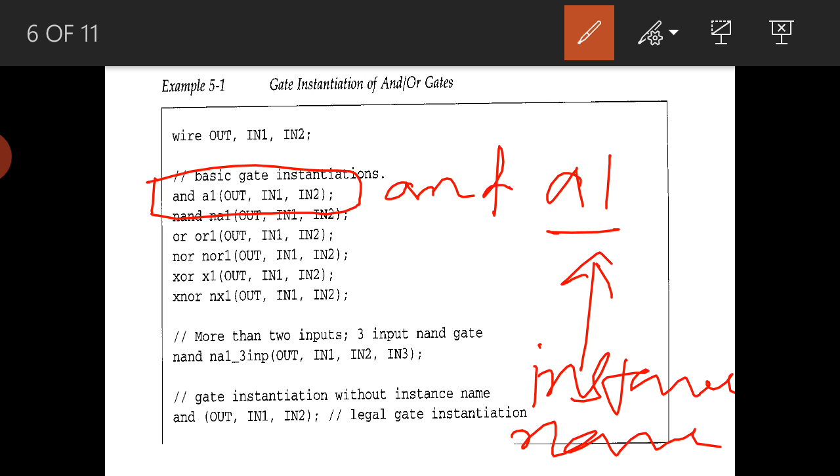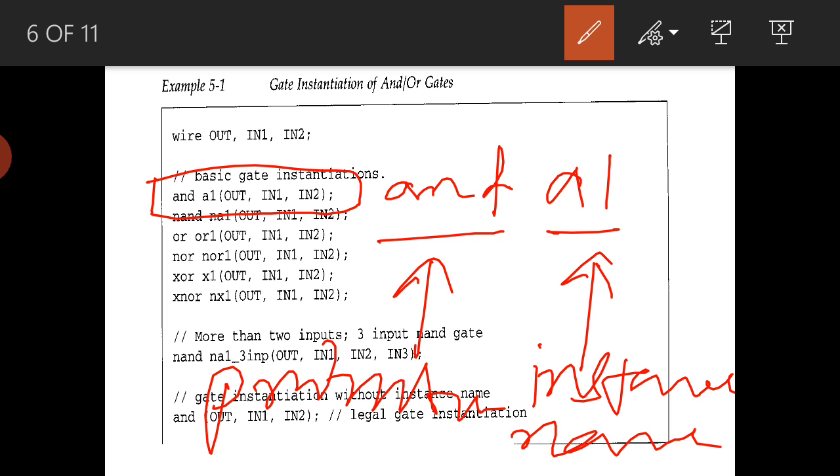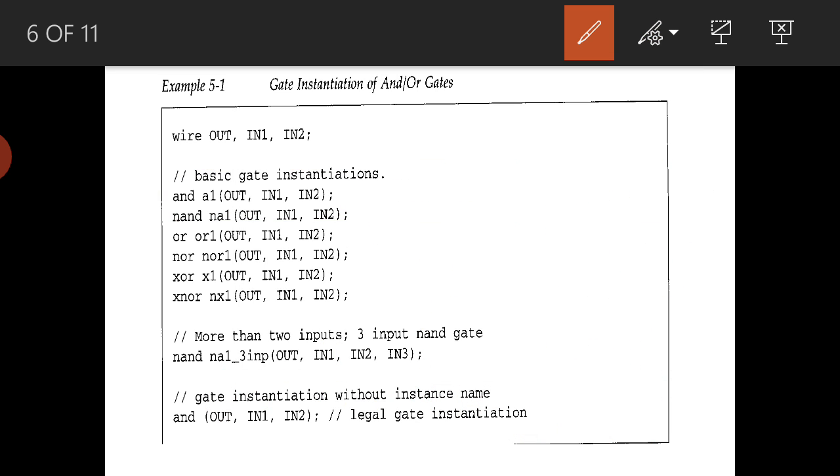That is the instance name, and this is the primitive. After this comes the list of inputs and outputs. In that list, we should always write the output first, then the inputs. This is what they have written here.